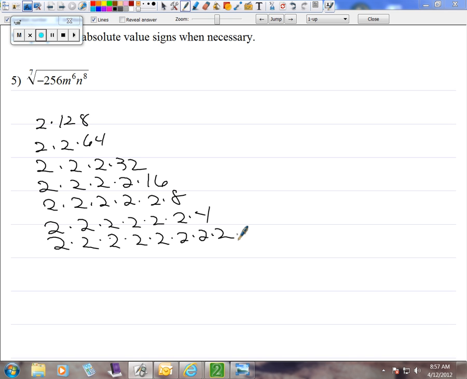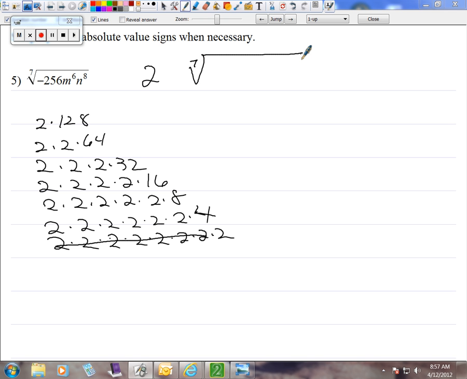No. I don't think 2 times 2 is 8. Just 2 times 4. Well, how many 2's do I have to be able to take 1 out? So I got 1, 2, 3, 4, 5, 6, 7, right? And take that out.